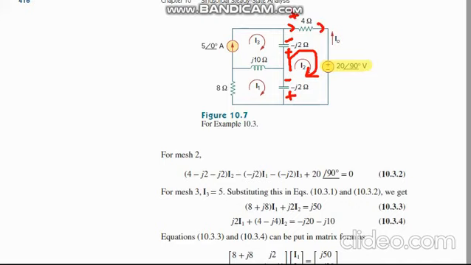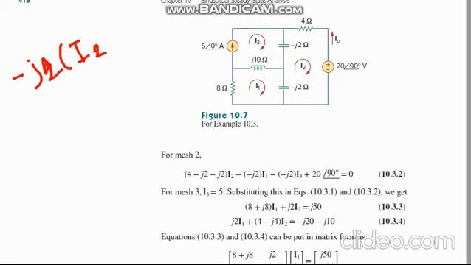Make it this direction, make it this direction. So now you can easily find out the equation. First of all, j2 ohms. There are two directions, this and that. So there will be the resultant of the two currents.